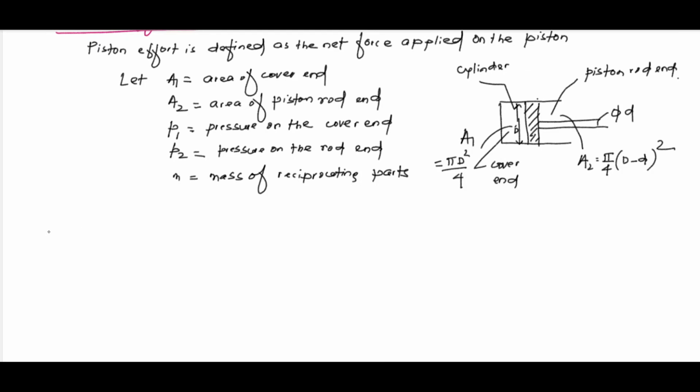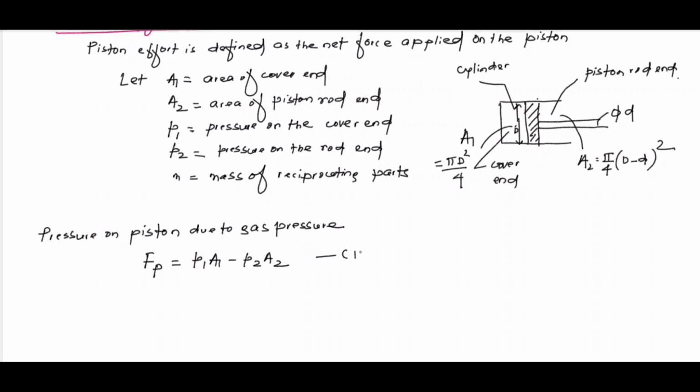Now let's say the force on piston due to gas pressure, denoted by Fp, is equal to P1 A1 minus P2 A2. Say this is equation 1.